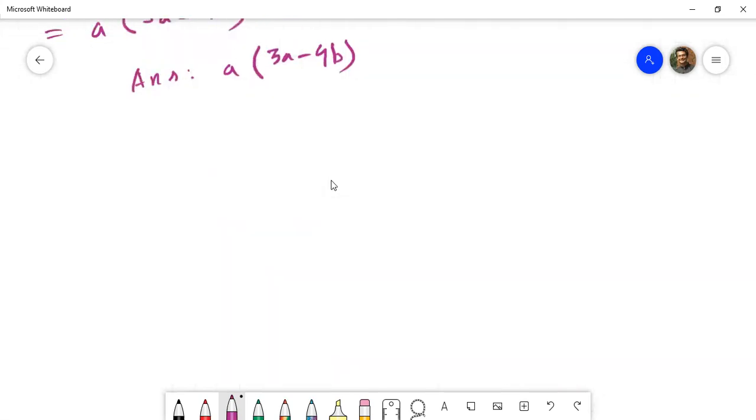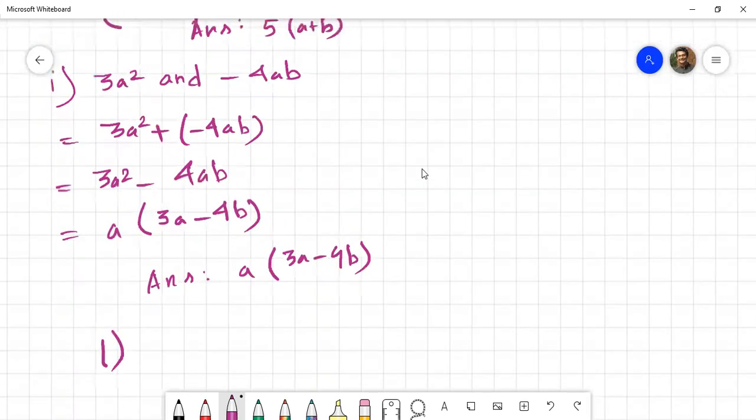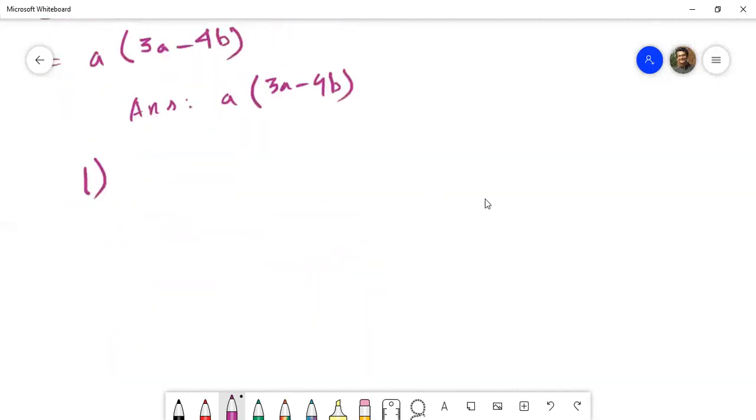Okay, and we have L, the last one. I will let you do it. It was from another part of the question book, from number 2, but it's fine, we still find the sum.